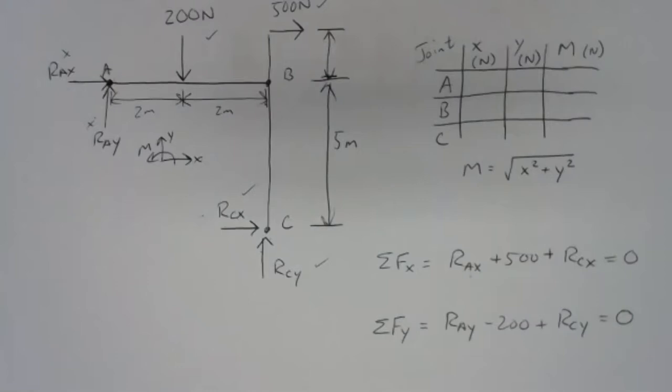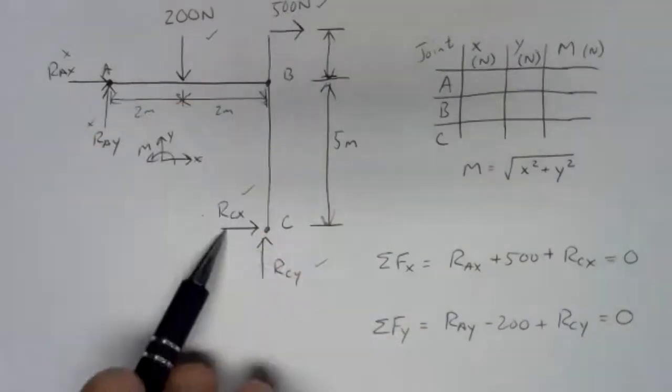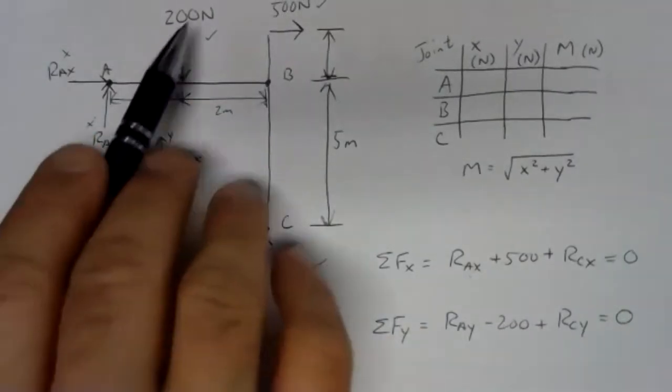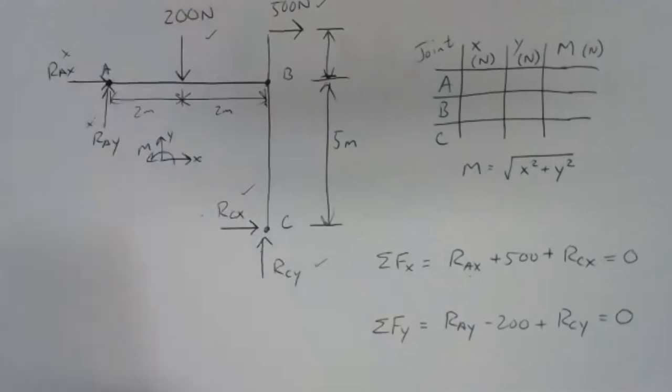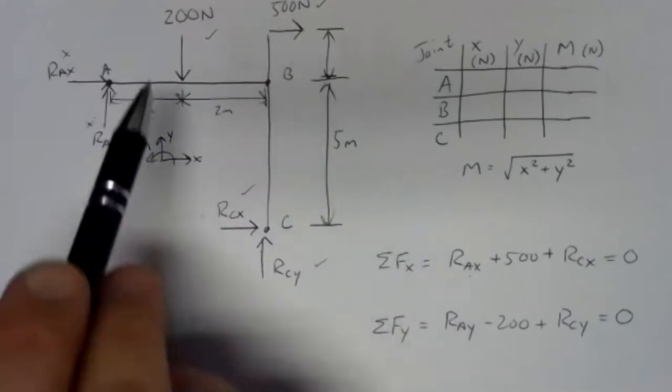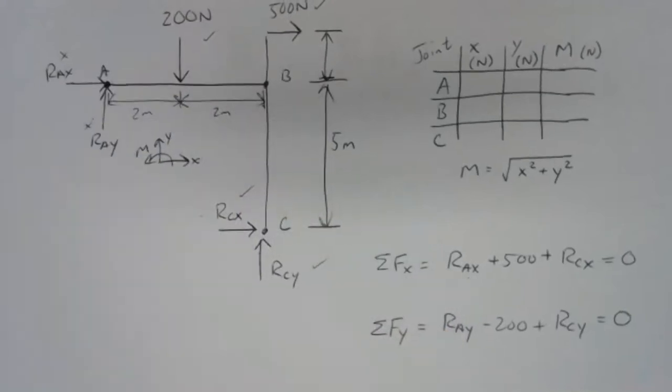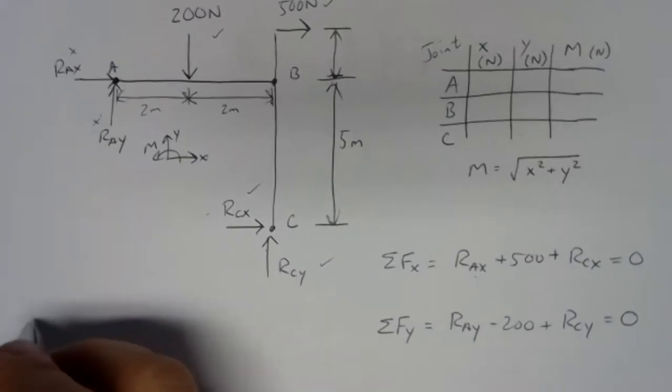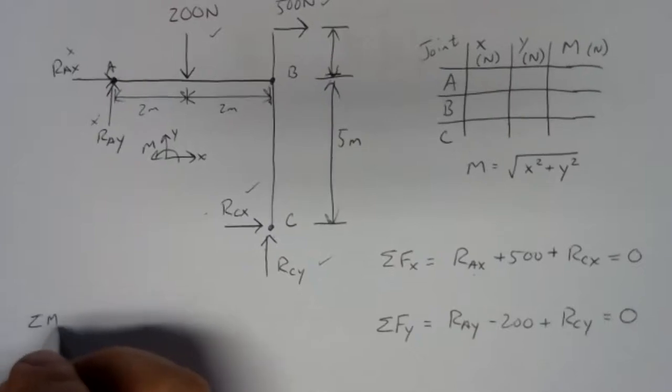So take some care here, step through, make sure you've got all the forces that create moments, and each one of those produces a term in your sum. Here I've got 4 check marks, 4 forces that will create moments, so I better have 4 terms in my moment equation. So we'll do sum of moments about A.